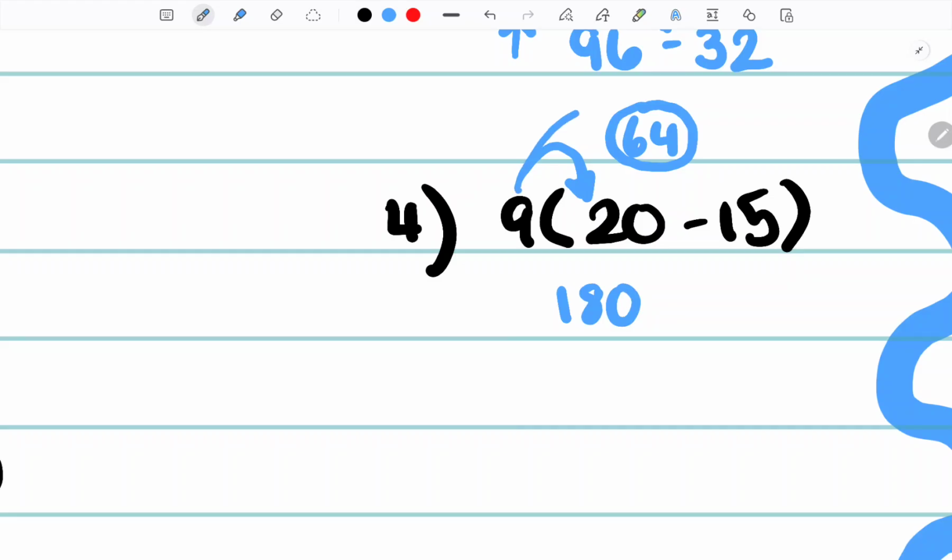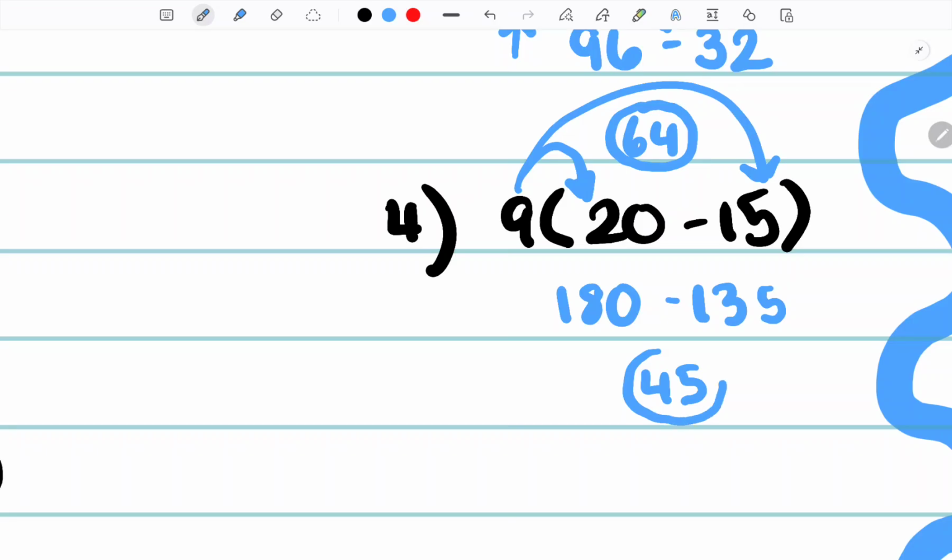Okay, and then 9 times negative 15, don't forget that negative 15, so 9 times negative 15 is negative 135. So now, to see your final answer, you need to subtract 180 minus 135, and you would get 45 as your final answer. Okay, let's go ahead and do number 5.